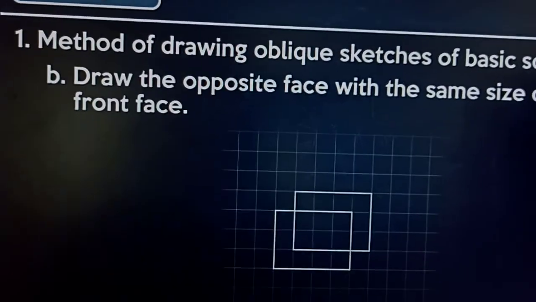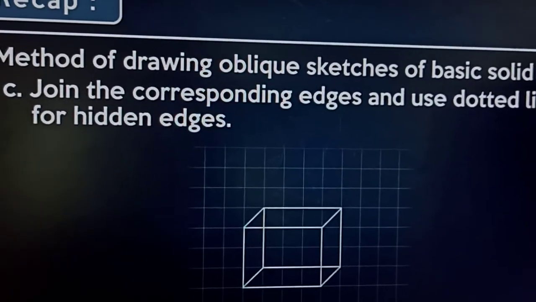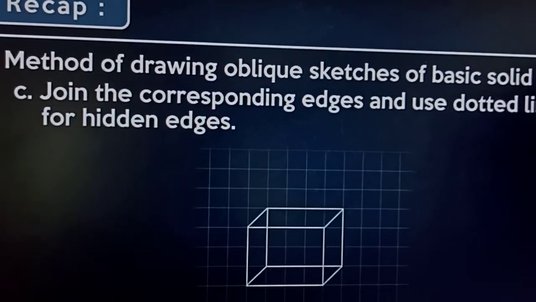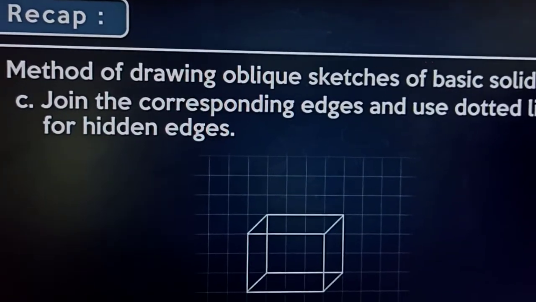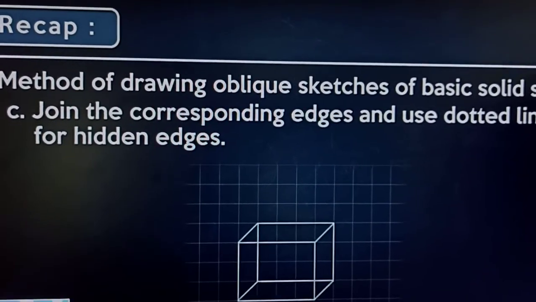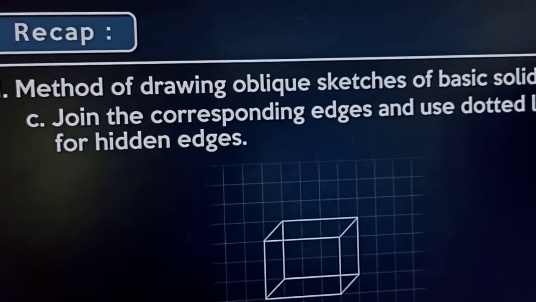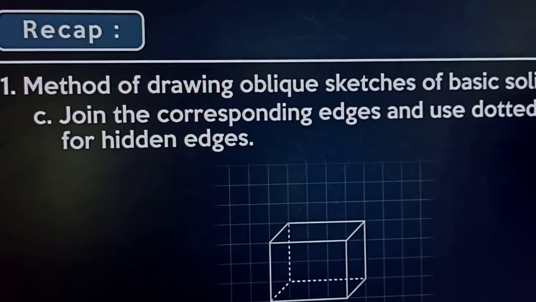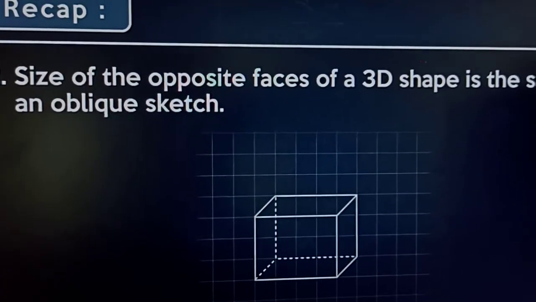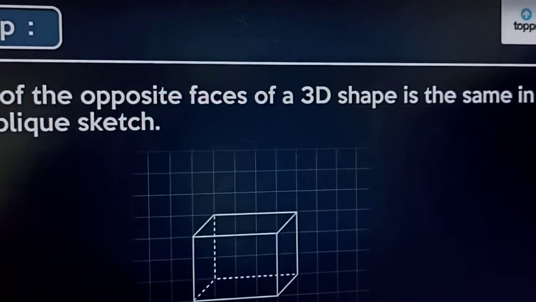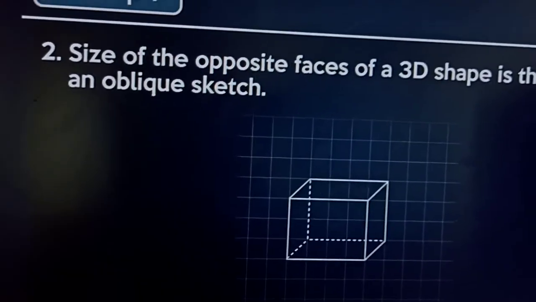Third, join the corresponding edges and use dotted lines for the hidden edges, like these ones. This one will not show now, only the front will show, so that's why you use the dotted line to make it. Next, the size of the opposite faces of the 3D shape is the same in an oblique sketch, right beta? So this is an oblique sketch.